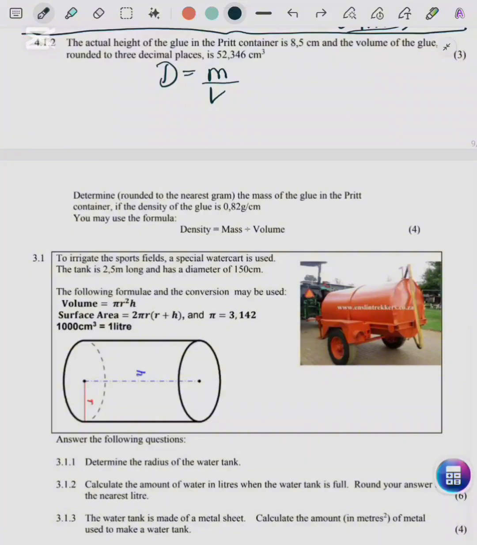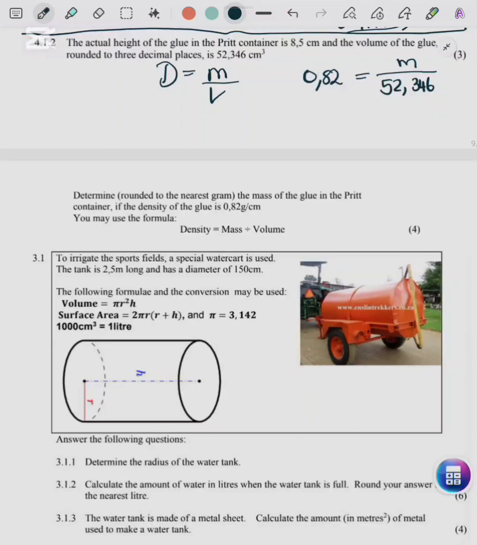I know the volume is going to be 52,346 centimeters cubed. I don't know what the mass is, but that kind of makes sense because that's what they're asking me to find.